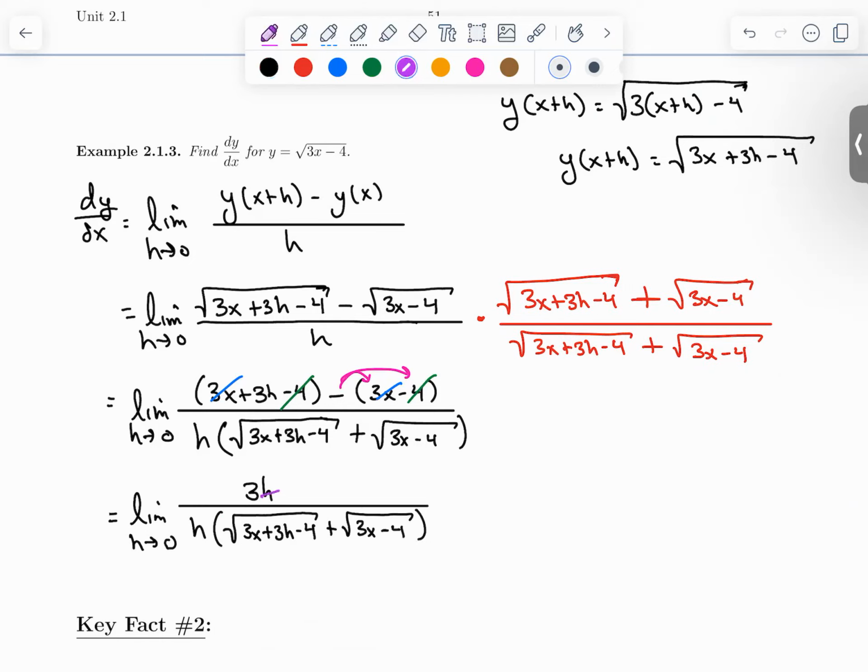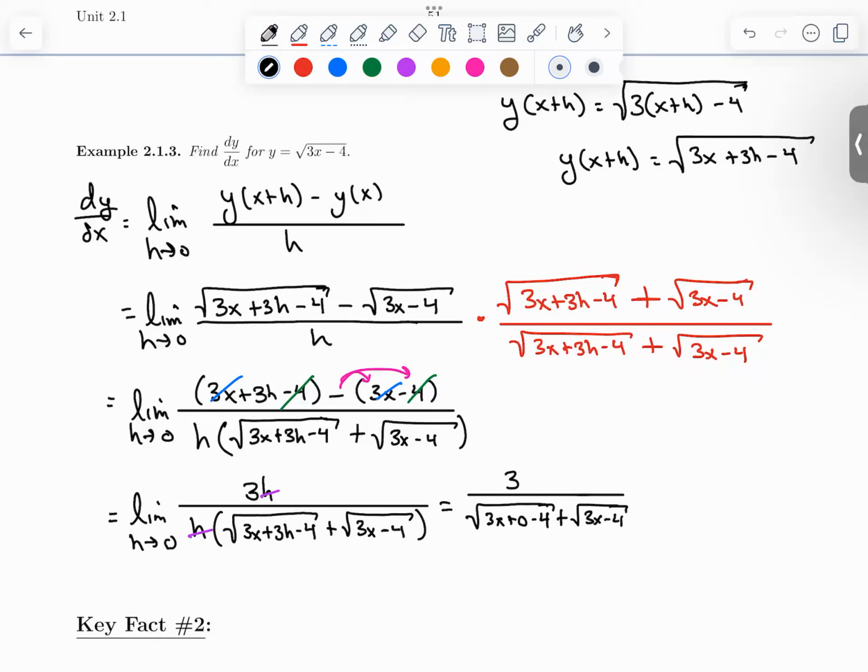At which point the h's cancel. And then just to save on space, now that I've canceled that h in purple, I'm going to plug in h equals 0, getting 3 over the square root of 3x plus 0 minus 4 plus the square root of 3x minus 4.